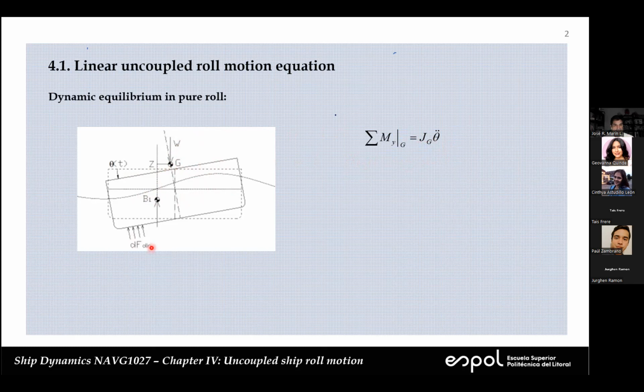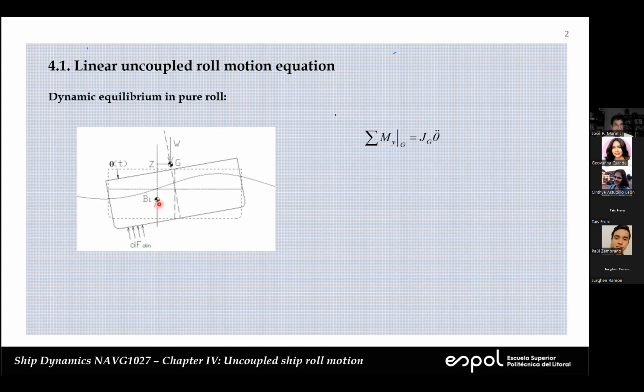Now here, we have the hydrodynamic force, and this hydrodynamic force with respect to this point generates a moment, okay? Once you incline, you know that the center of buoyancy moves in this direction.